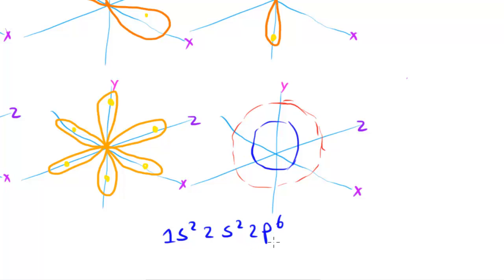And the 2p6. So if I draw the 2p6 on here, I'll draw that in dark orange. So we've got this in the z-axis, the x-axis, and the y-axis. I'm going to make that stretch a bit further.